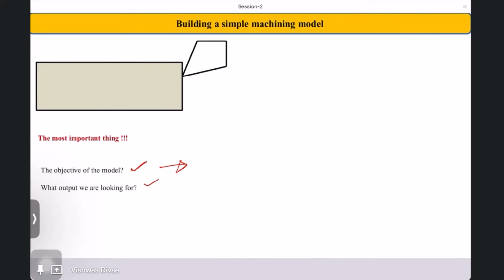If you don't want all the things at once, unnecessarily, don't complicate the model. This is the fundamental rule of modeling. Don't complicate the model if it is not necessary.